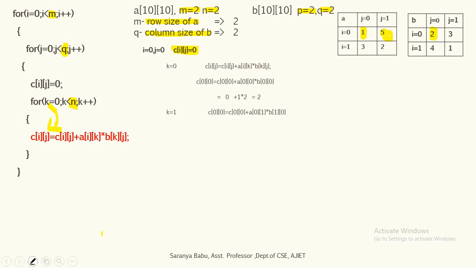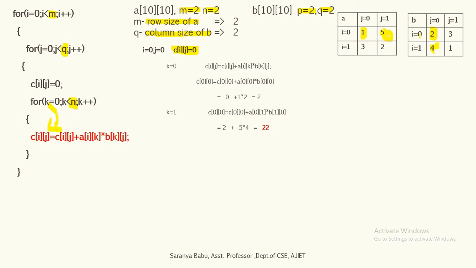The a value is 5. So 5 cross b of 1, 0. 1's corresponding value will be what it is having here.